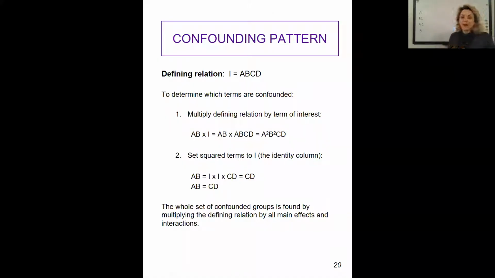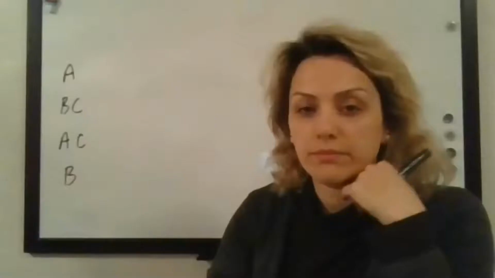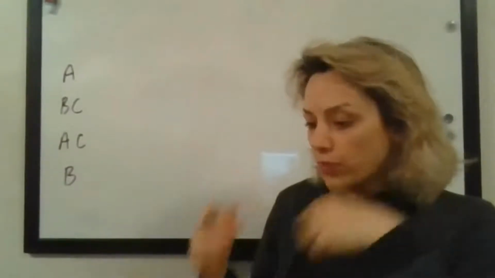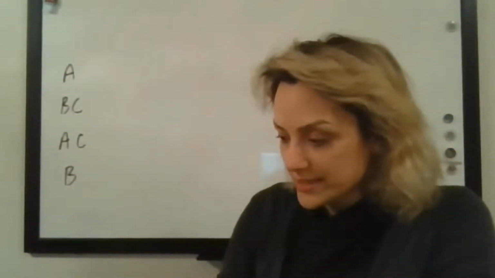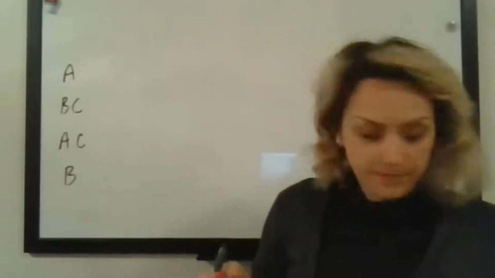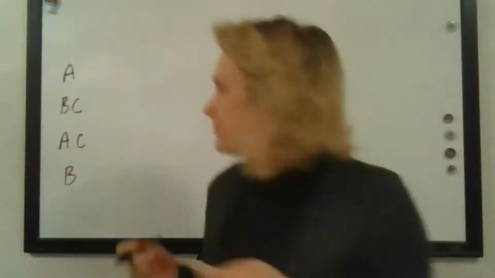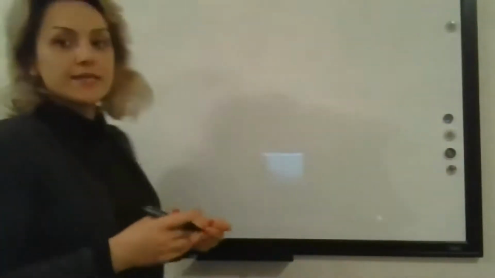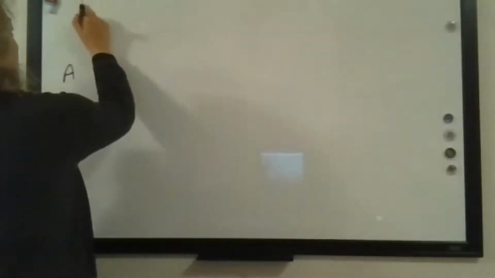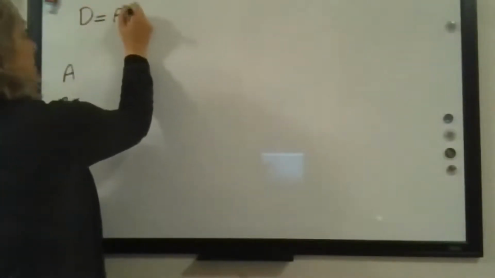We want to find out the confounding pattern, for example, for A, B, C, AC, and B. You can pause the video and work on it by yourself, and then come back and check your results with ours. With the steps, the first thing is to write down our design generator, for example, D is equal to ABC.